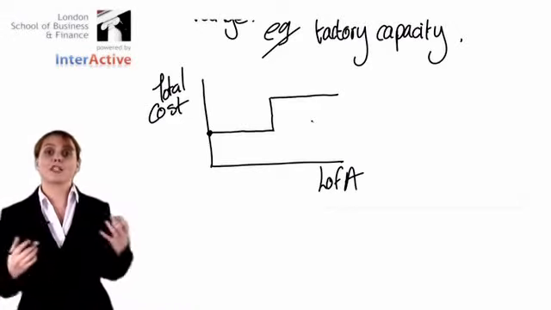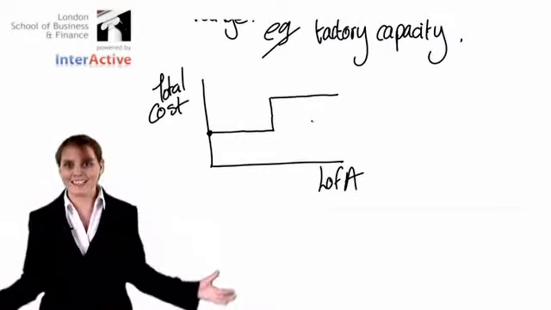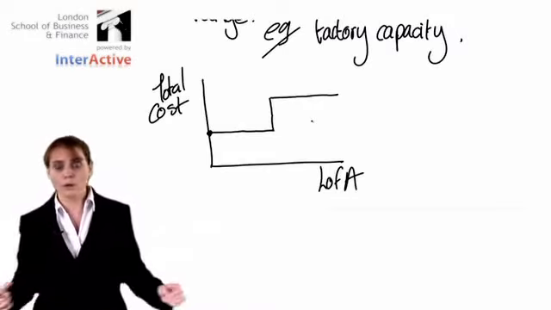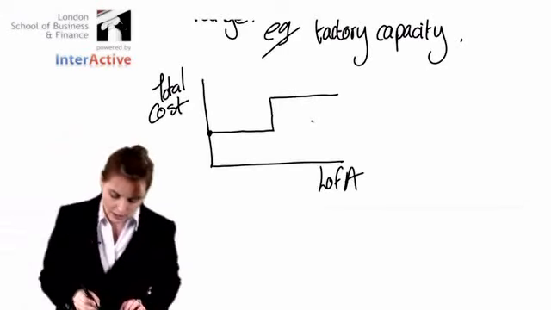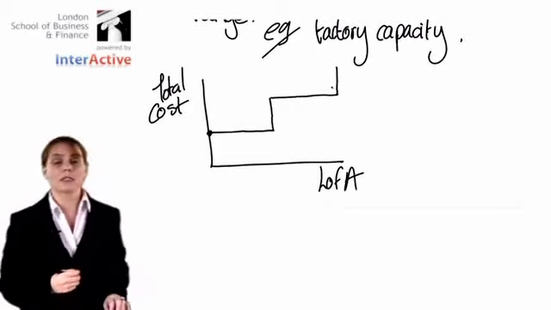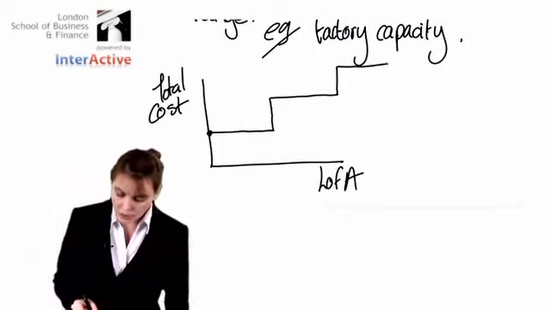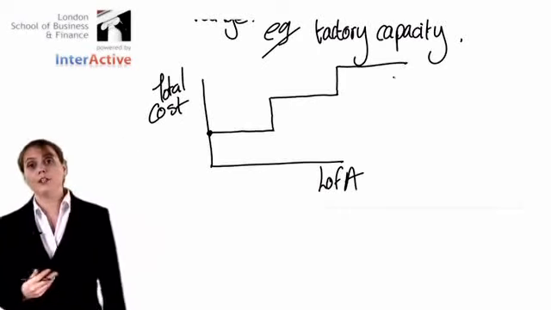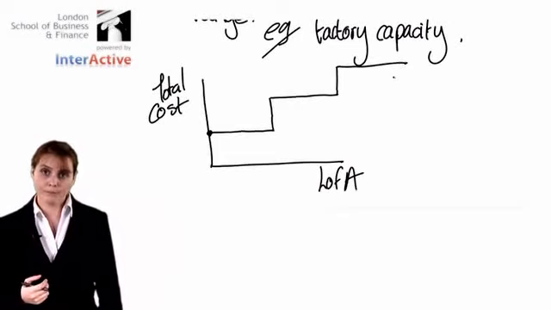Until again we get to another level of activity where perhaps we need to expand our factory again or employ a number of new factory supervisors. So our step costs will increase again to another new higher level. And you can see why this is called a step cost.